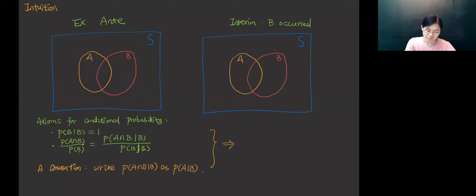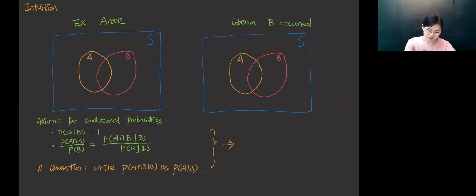Then in the interim stage, we got some new information that says B occurred. Okay, so we know that the outcome that occurred must be in B. That's the piece of new information that we get.